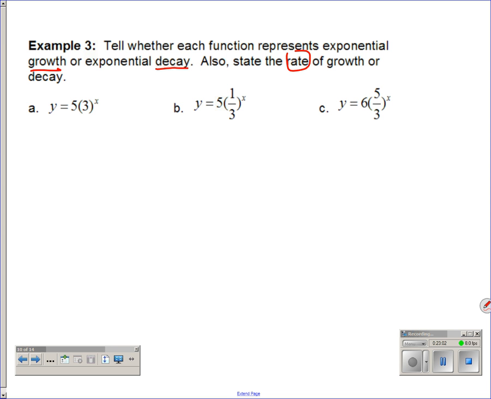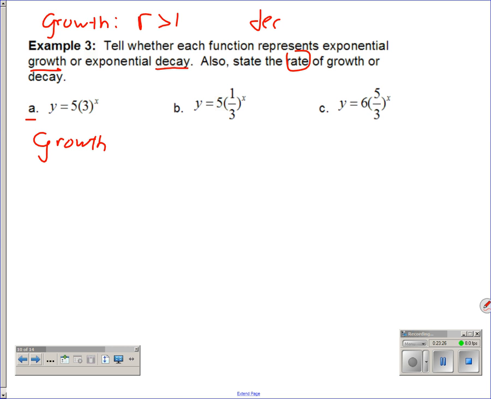So let's look at A. 5 times 3 to the x power. Growth, right? Just a recap, I don't know if I really wrote this down, but it's growth when our B value is greater than what? 1.